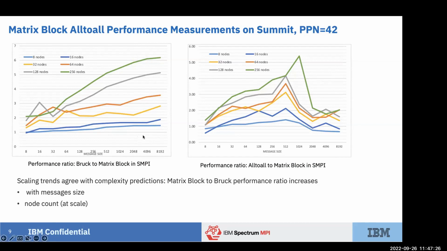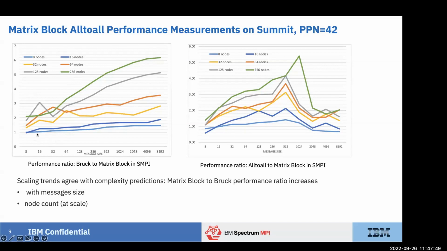On the left chart, we're showing performance of different configurations and different message sizes, from 8 nodes to 256 nodes with message sizes from 8 bytes to 8 kilobytes.